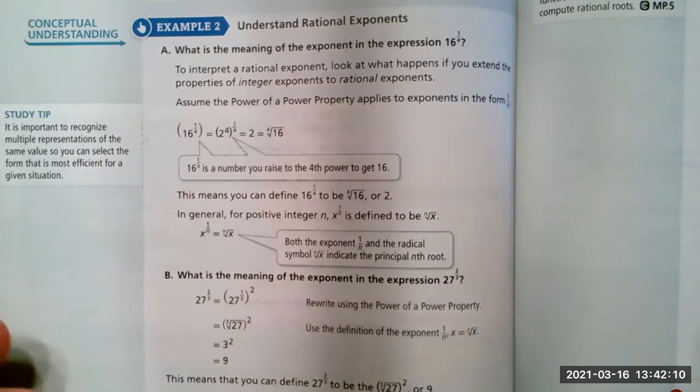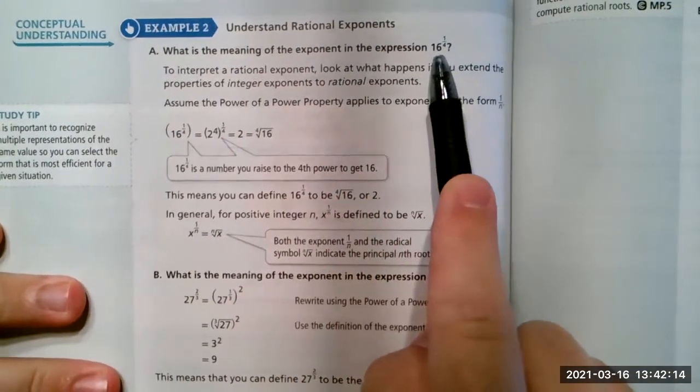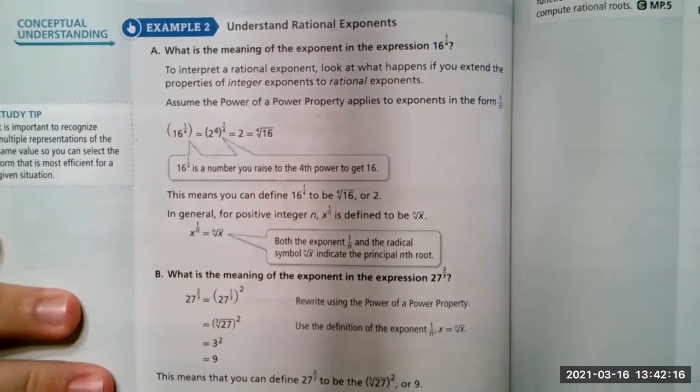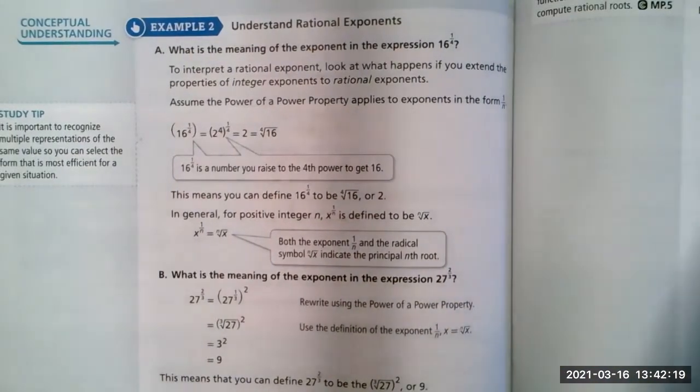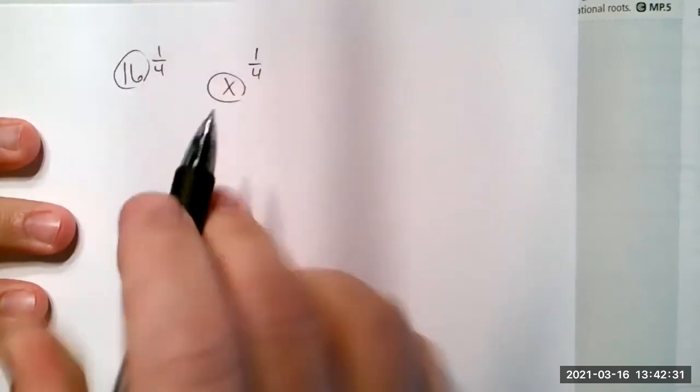Understand rational exponents. What is the meaning of the exponent in the expression 16 to the 1/4? What I want to do is go back and talk about what I said earlier. If you have a base, it doesn't matter if it's 16, it doesn't matter if it's x, it doesn't matter what the base is.